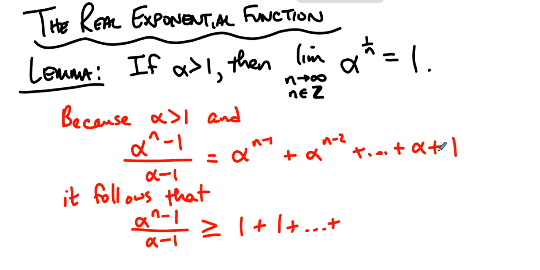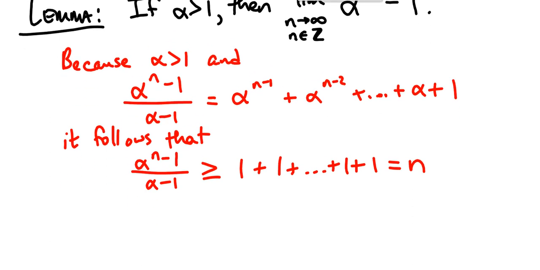In fact, all of these end up greater than or equal to 1. How many are there? There are n. So alpha to the n minus 1 is greater than or equal to n times alpha minus 1.